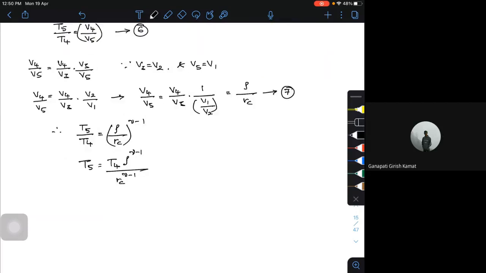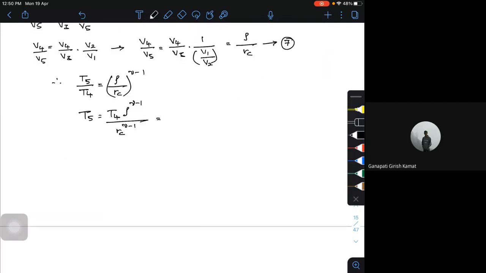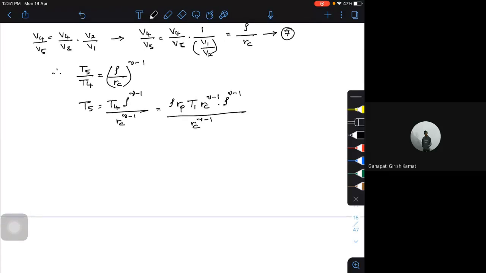I'll substitute for that. That is rho RP T1 RC to the power of gamma minus 1 into rho to the power of gamma minus 1 divided by RC to the power of gamma minus 1. If I simplify, P5 is equal to rho to the power of gamma into RP into T1, because the rest all will simply cancel.